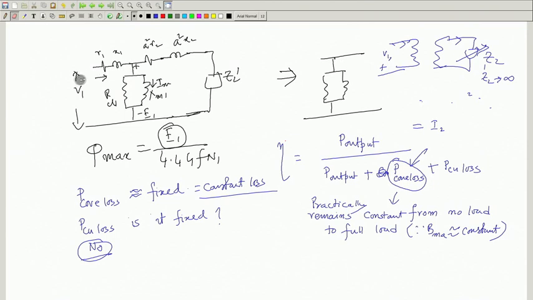In terms of the approximate equivalent circuit, it is copper loss, I will write with a different color. Copper loss at any current I2 on the secondary side will be I2 dash squared into Re1.